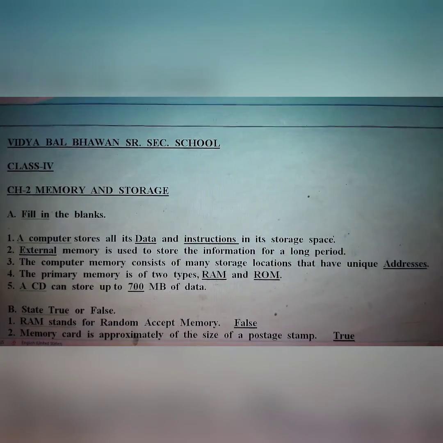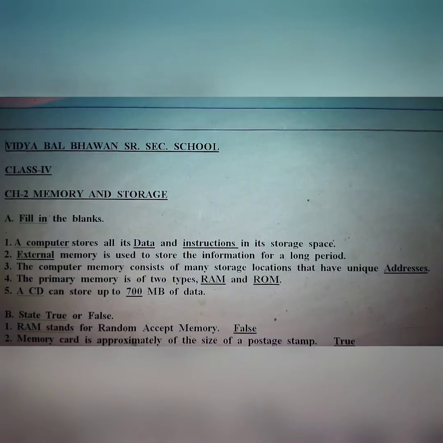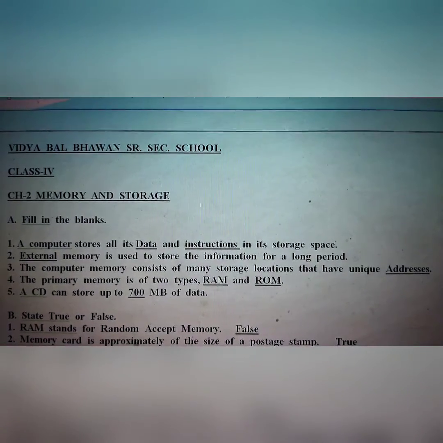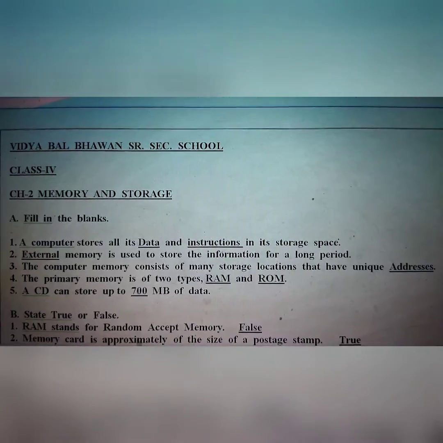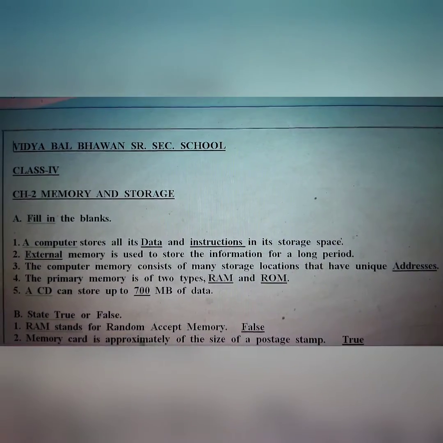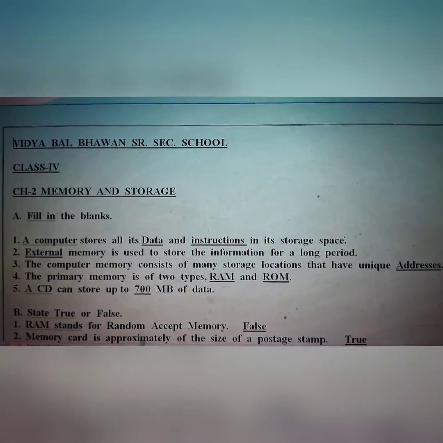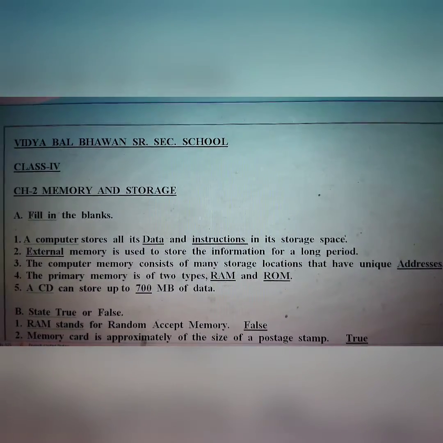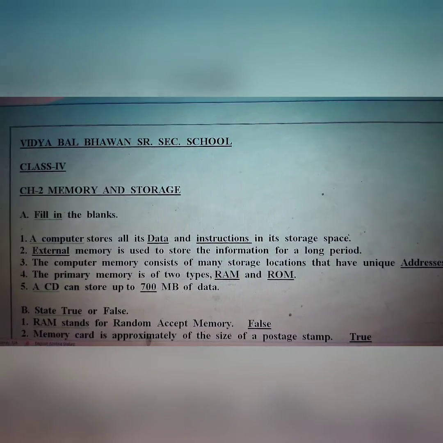Third, the computer memory consists of many storage locations that have unique dash, it means addresses. Fourth, the primary memory is of two types, dash and dash, RAM and ROM. Fifth, a CD can store up to dash MB of data, it is 700 MB.